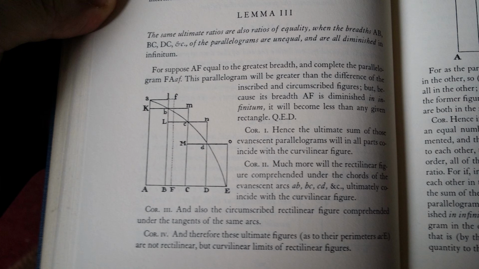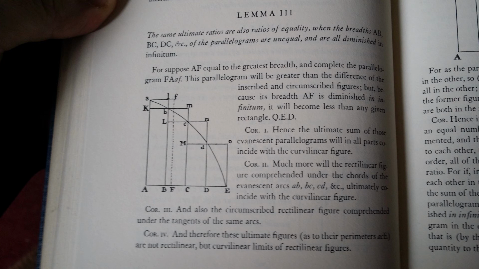Cor. 1, I presume that means corollary. Hence the ultimate sum of those evanescent parallelograms will in all parts coincide with the curvilinear figure. Cor. 2. Much more will the rectilinear figure comprehended under the chords of the evanescent arcs ab, bc, cd, etc. ultimately coincide with the curvilinear figure.